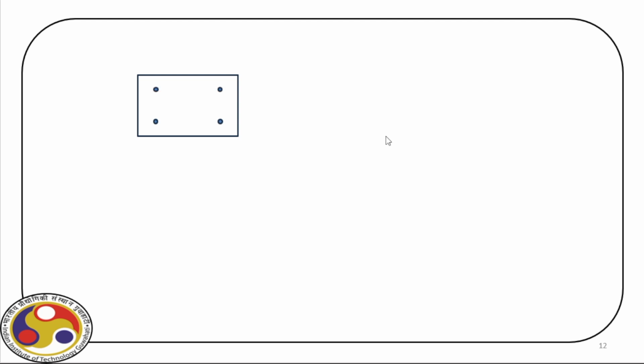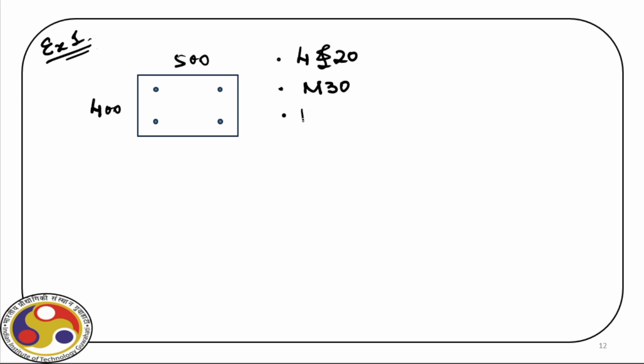The dimension of this column is 400 by 500. It has 4 bars of 25. It's made of M30 concrete and Fe 415 bars.